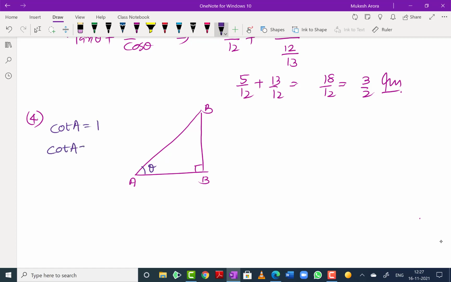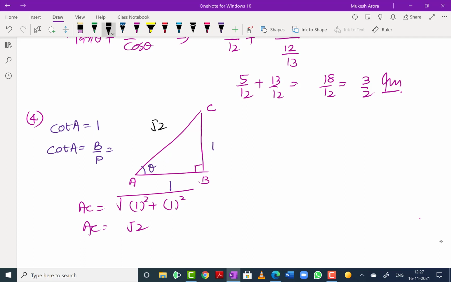Cot means base upon perpendicular, meaning both are 1. So we have to find first AC will be 1 square plus 1 square under the root. AC will be under root 2. So this comes under root 2.